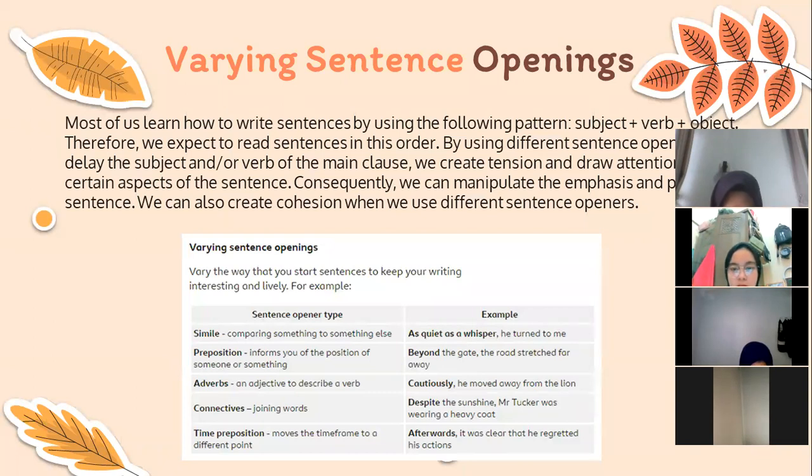Example: as quiet as a whisper, he turned to me.